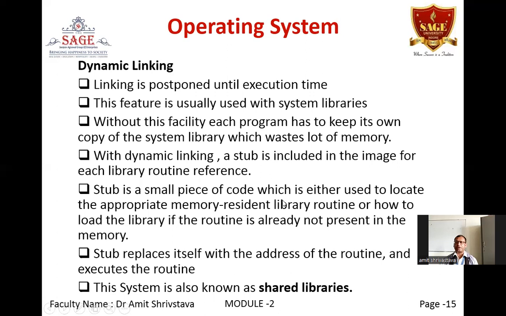It means that if any one program has already loaded a particular library routine like the iostream.h header file, then the stub will see that. If a second program also requires the iostream.h header file, the stub will check whether that header file is already present in the main memory.